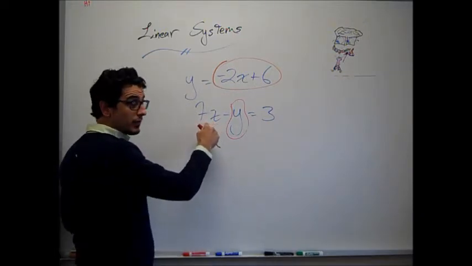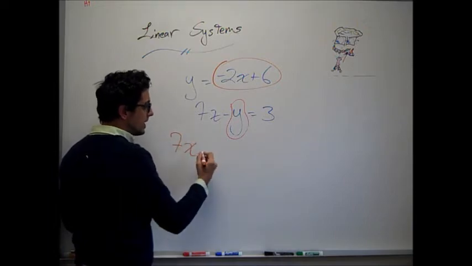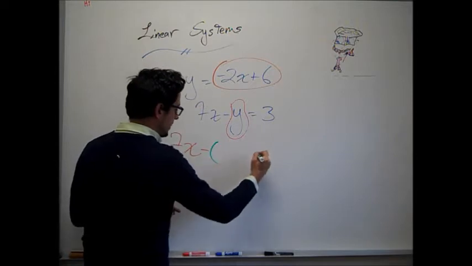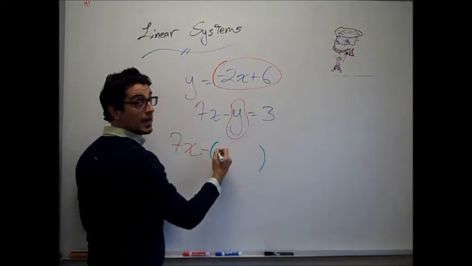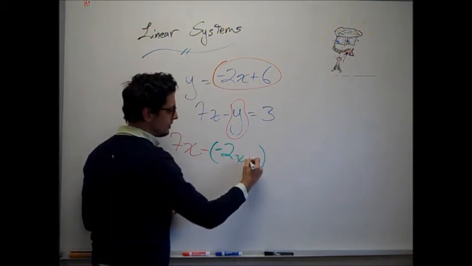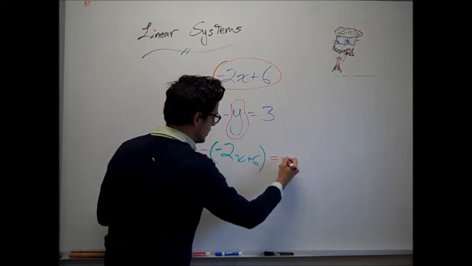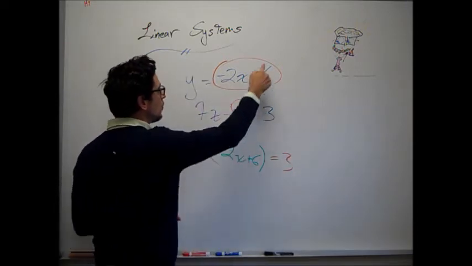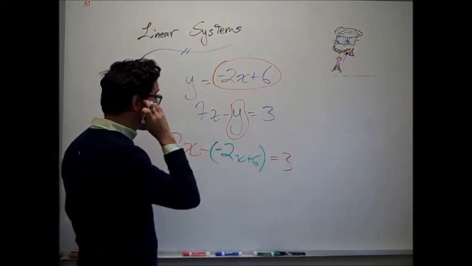I'd rewrite this one right here as 7x minus, and y is going to be rewritten as negative 2x plus 6, because that's what y equals. And this is all equal to 3. So all I've really done is replace this y right here with this binomial.